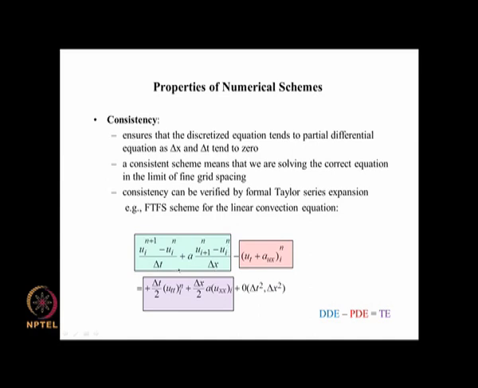So, this is an explicit FTFS scheme, and for this PDE, for these two terms together, the sum being equal to 0, we have this as the corresponding discretized equation, and the difference between the two is the truncation error, which is delta t by 2 times the second derivative of u at i and n, plus delta x by 2 times a times the second derivative of u at i and n, plus other terms which are higher.